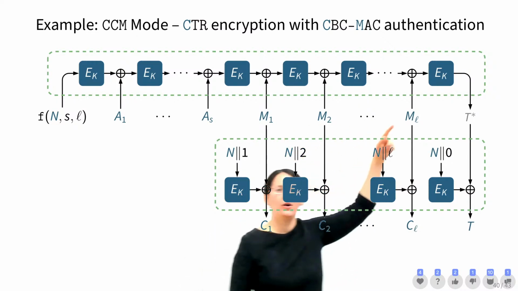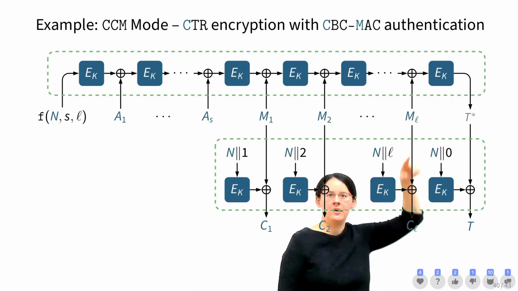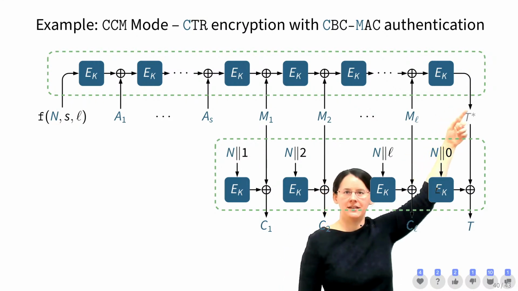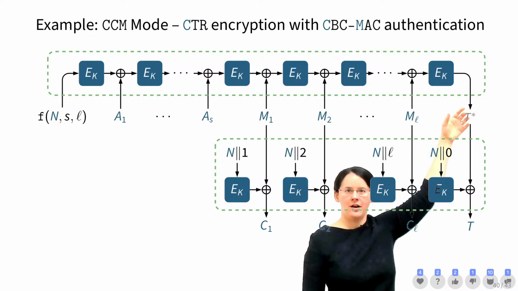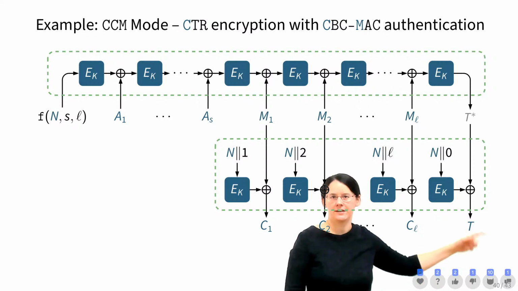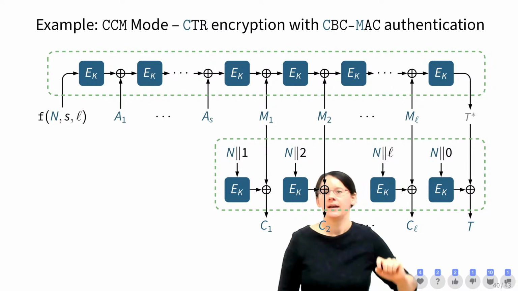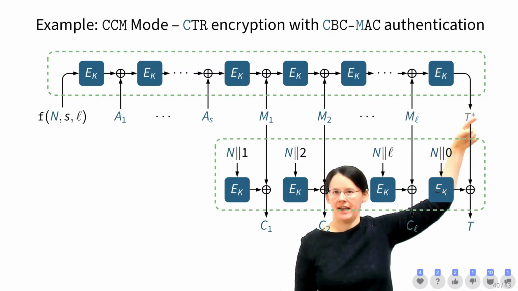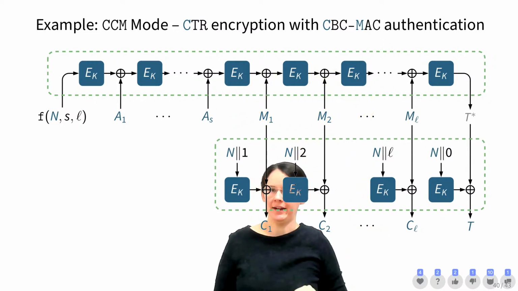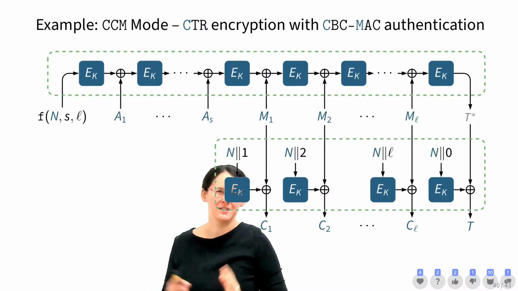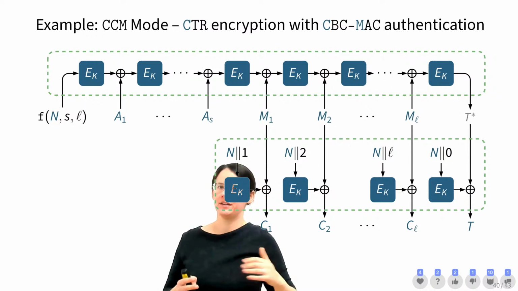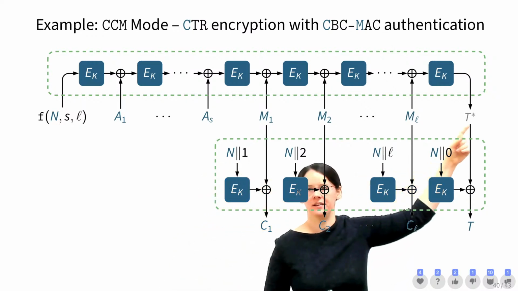There's one thing to note though, we do not only encrypt the message, but we actually encrypt an additional value. This is sort of like an intermediate tag, message authentication code, but to get the final tag, we actually also encrypt it in the scheme to get the actual tag that we send along with the message. And to get this intermediate tag value, what we did is we performed what is called the CBC MAC, which I haven't explained in detail before, but you will see it looks actually exactly like the CBC encryption mode, except that we drop all the intermediate ciphertext blocks and only take the last one.